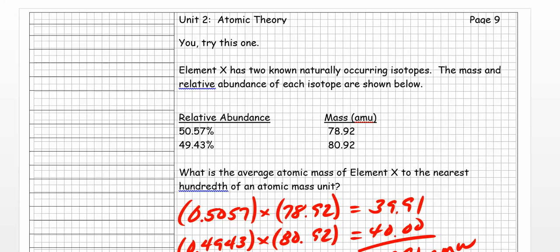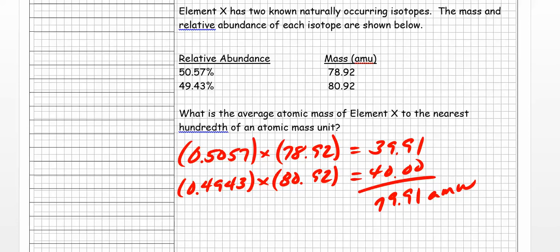Okay? All right. So let's take a look at this one. So the relative abundances need to be converted into decimals. I'll do that by moving the decimal place over 2 times, 1, 2 to the left-hand side. So 50.57 becomes 0.5057. 49.43 becomes 0.4943. I'm going to multiply those by the masses in AMU, 78.92 for the first one, 80.92 for the second one.